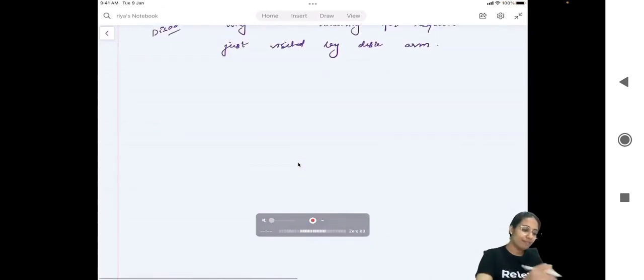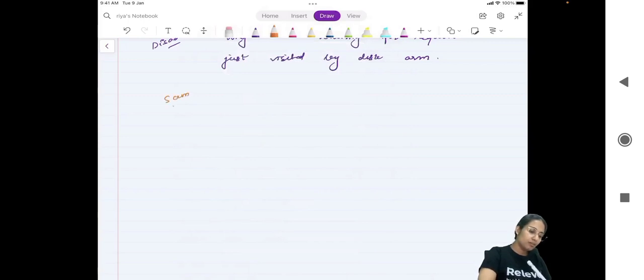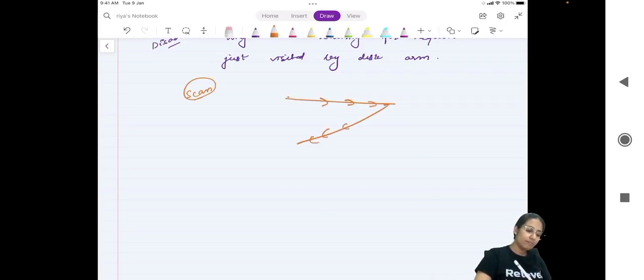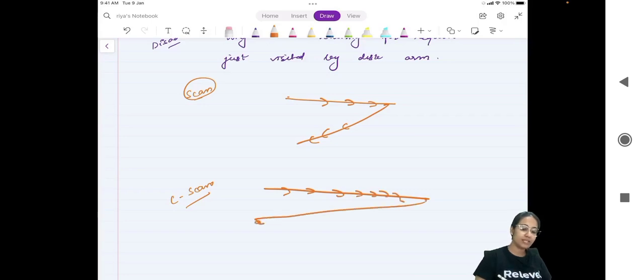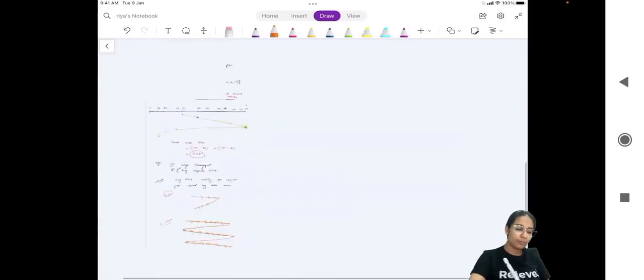So when we were having scan, we were processing requests this way, and we were processing requests this way. But when we use C-scan or circular scan, we process requests this way, then come back over here without processing requests, then process requests this way, and then come back here again empty, and then process requests in this way.